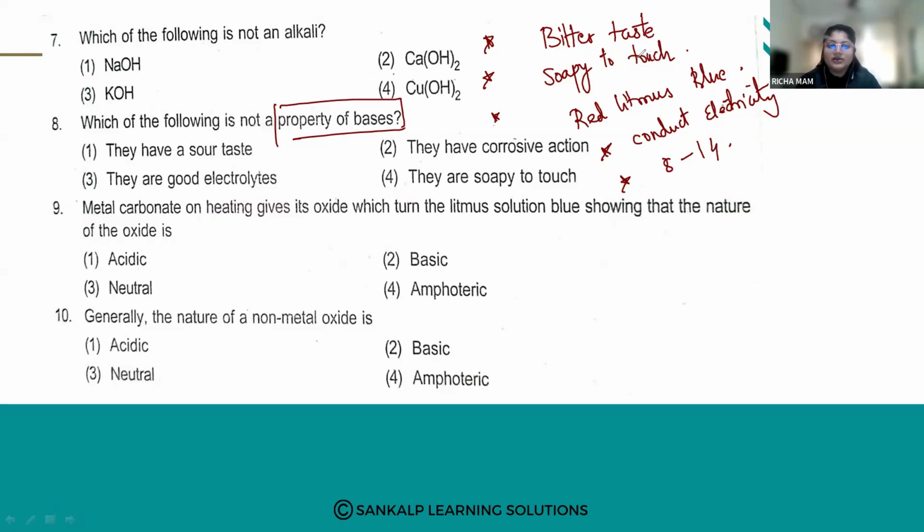Now here they have given four options, and they have asked which is not the property. Bases are bitter in taste, and they have given sour in taste. Sour is the property of acids, so this is not the property of bases.